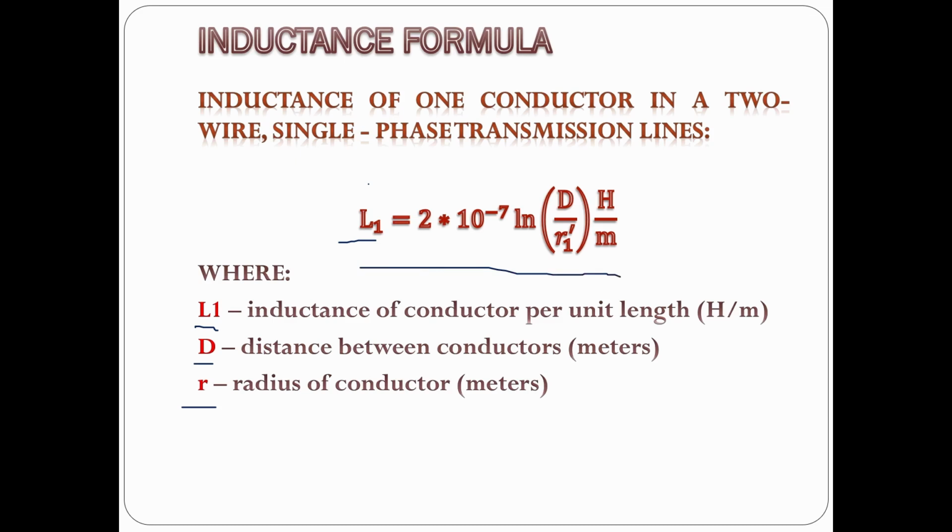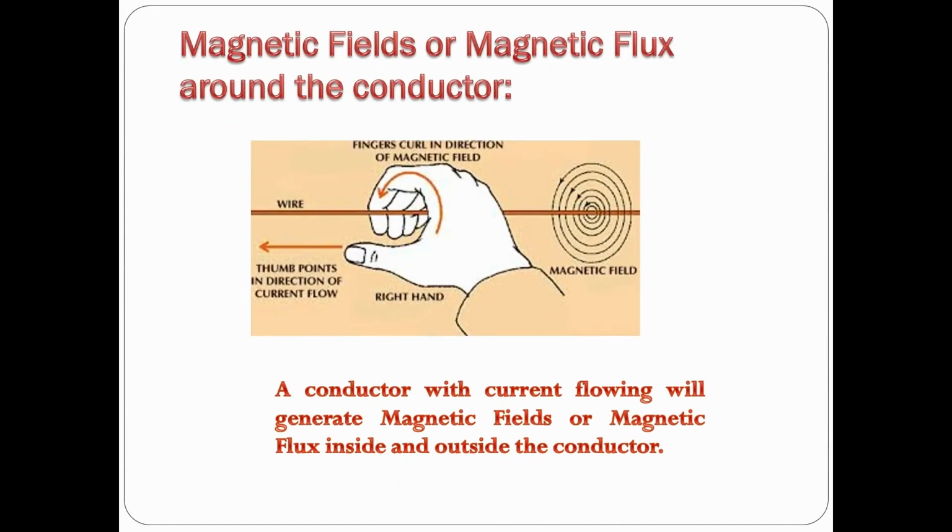But before we can arrive at this formula, we need to first derive the formula of internal and external inductance of a conductor. Now suppose a conductor has current flowing in it in this direction. It will generate magnetic fields or magnetic flux inside and outside of the conductor, and the directions of this field will be known by using the right-hand rule.